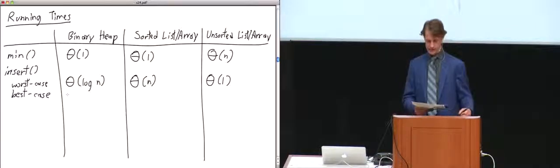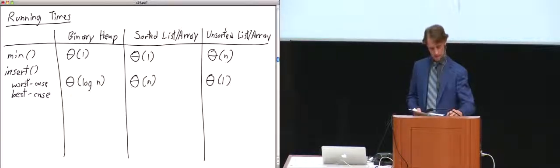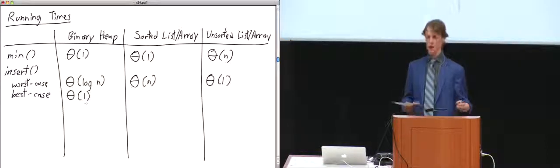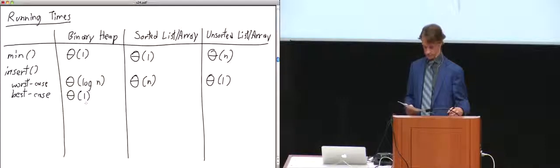And the best case time, well, with a binary heap, when you insert something, sometimes you get lucky and you don't have to bubble it at all. So it could take constant time.